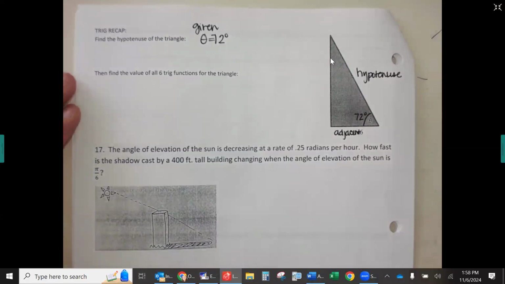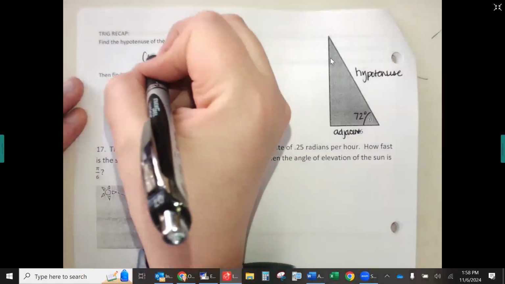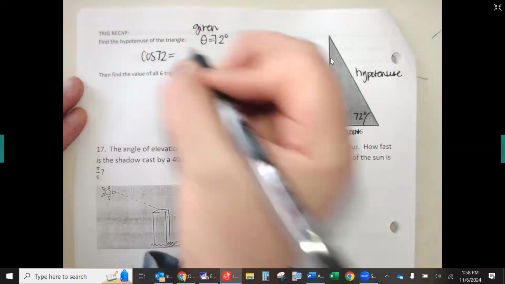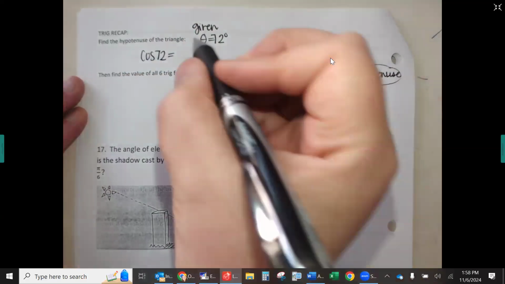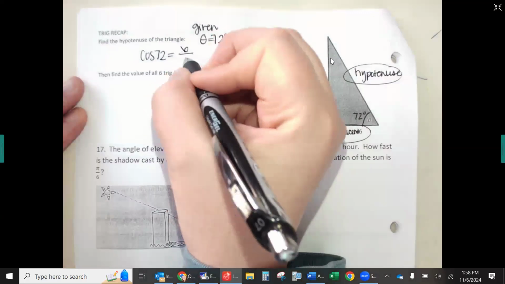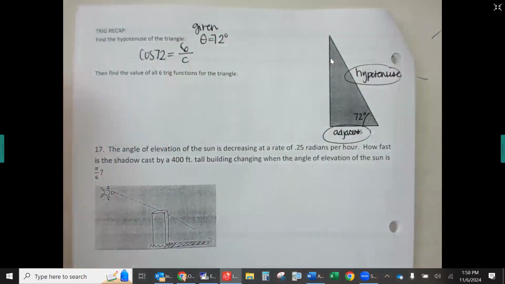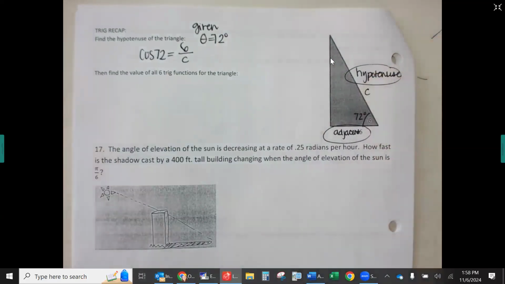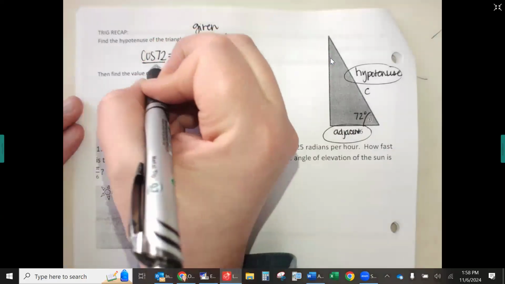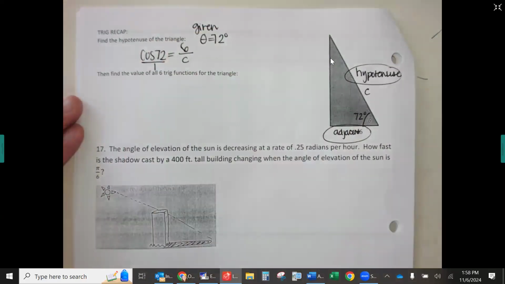Okay, so write down on your paper, you want the cosine of 72 to equal adjacent over hypotenuse, which would be 6 over c. I'm going to use c just like ABC on the triangle. Okay. From here, here's how you're going to solve. Take your cosine 72, put it over 1, and you're going to cross multiply.